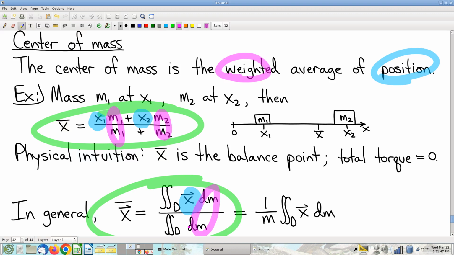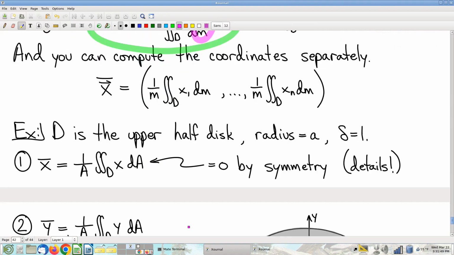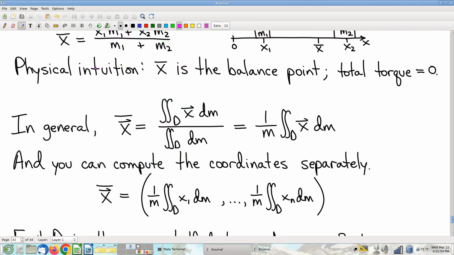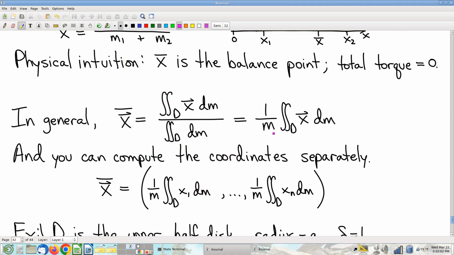We talked through the details of that last time. I also made the observation that you can compute this one coordinate at a time, which is intuitively satisfying, but also very convenient.